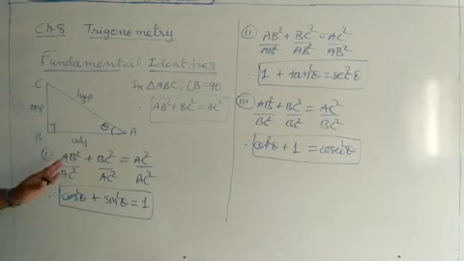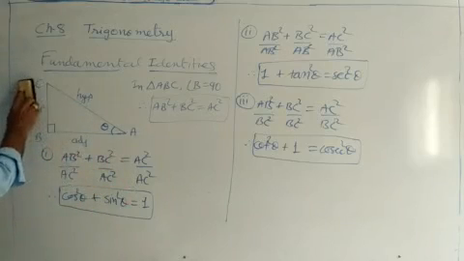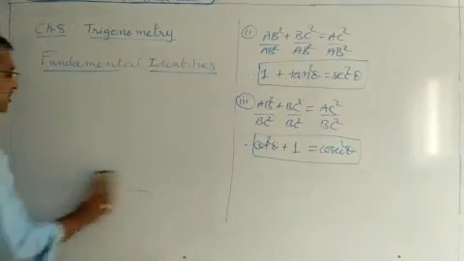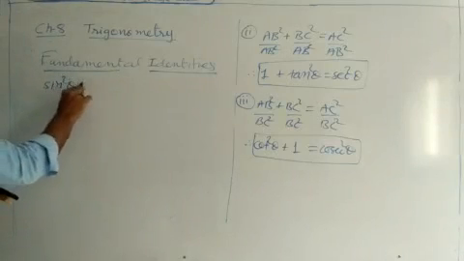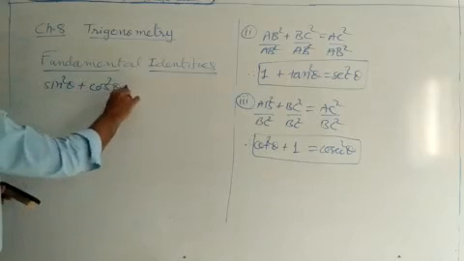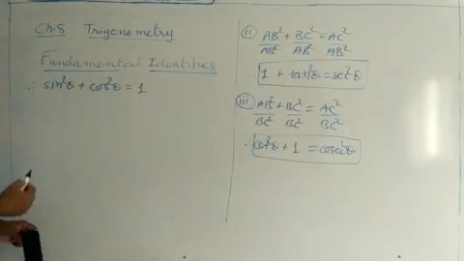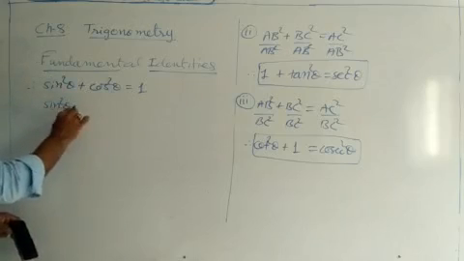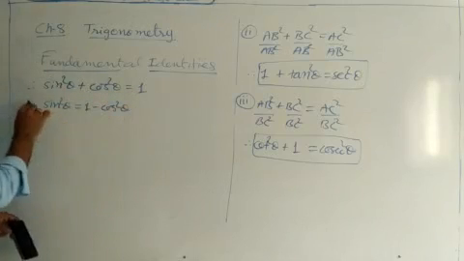Now let us see the various forms of these three identities. Now I am rubbing this and let's proceed for different forms of these three identities. Here, first identity is sin square theta plus cos square theta is equal to 1. So from this we can get, if you want sine in terms of cos, sin square theta is equal to 1 minus cos square theta.